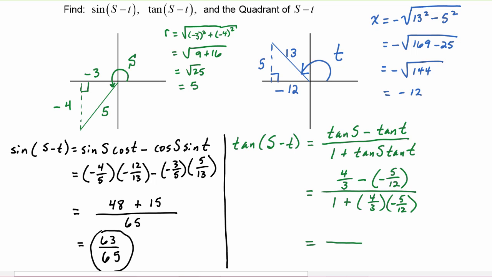Let's simplify this a bit. We have 4/3 plus 5/12, and in the denominator we have 1. We've got plus, but we see we've got a negative here, so this will turn into minus 20 over 36.